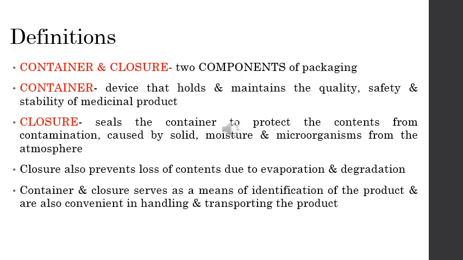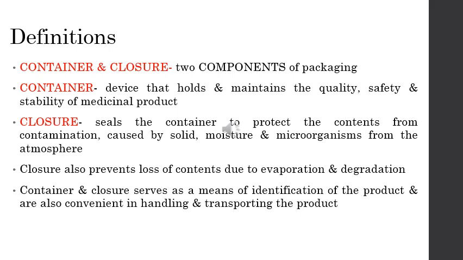Next, we'll be constantly coming across these two terms, that is containers and the closures. So these are the two components of a packaging system. So container is a device which will hold and maintain the quality, safety and stability of the medicinal product. So it is nothing but, you can say, a bottle, then a can, or a collapsible tube.